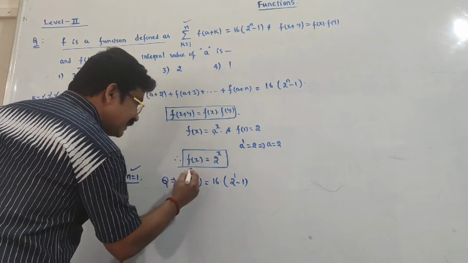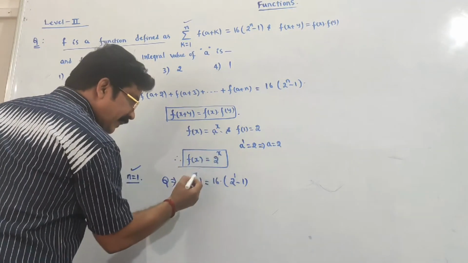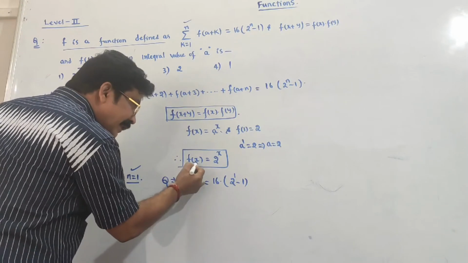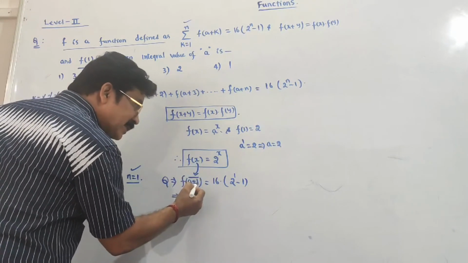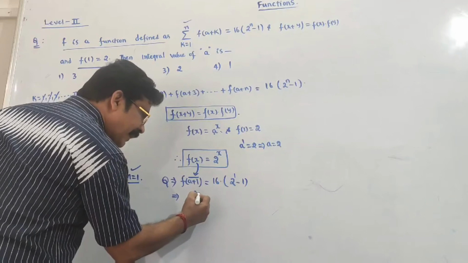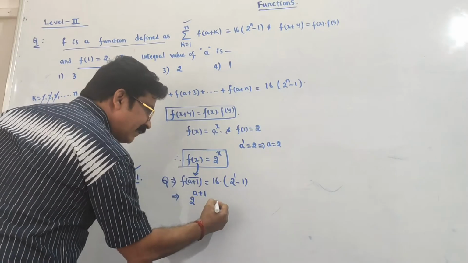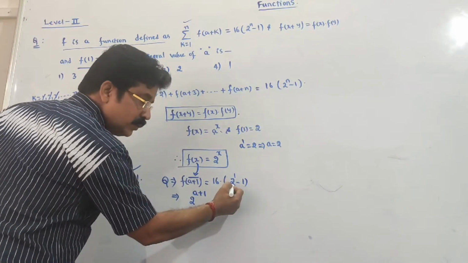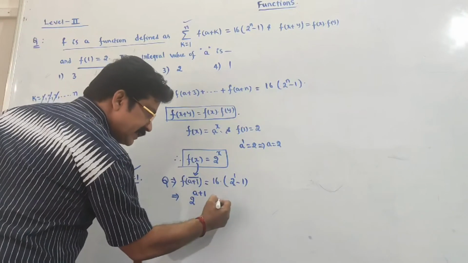So what is f(x)? 2 to the power x. What is f(a + 1)? Instead of x, write a + 1. So this is 2 to the power a + 1, which equals 2 to the power 1 minus 1, that is 1, into 16.